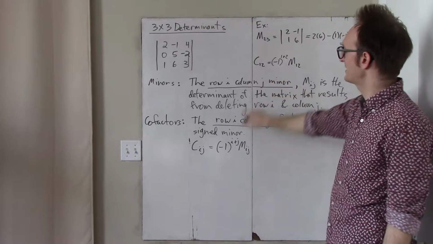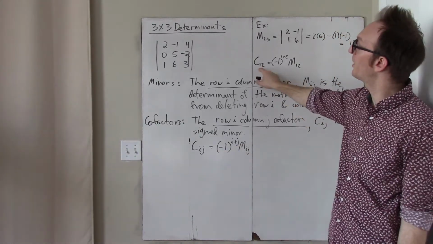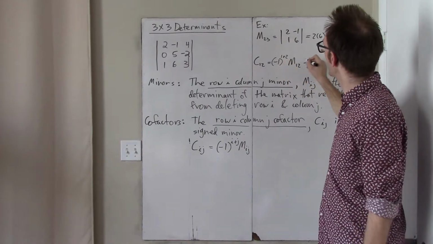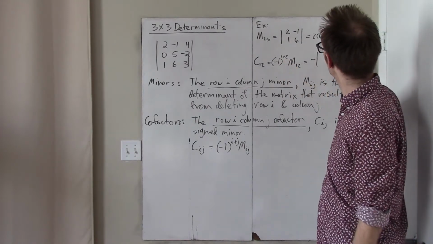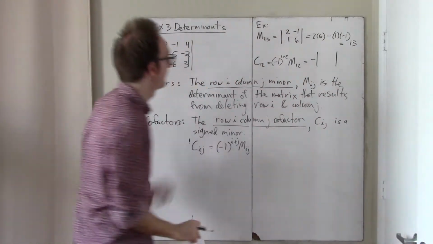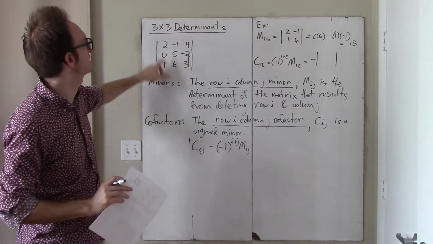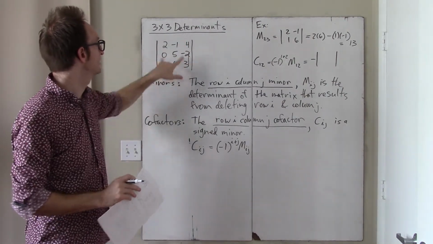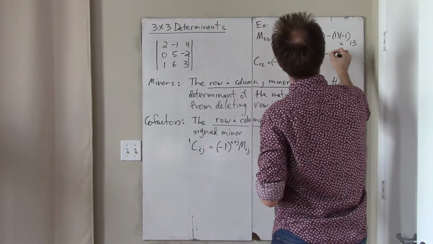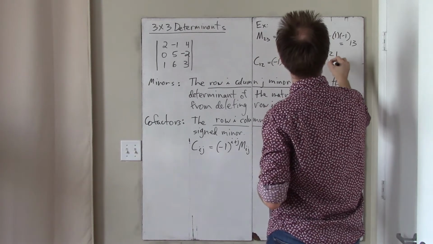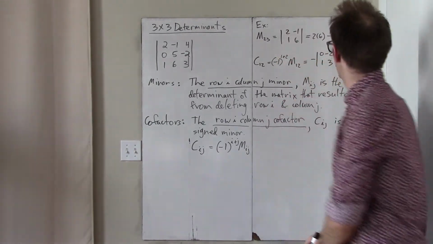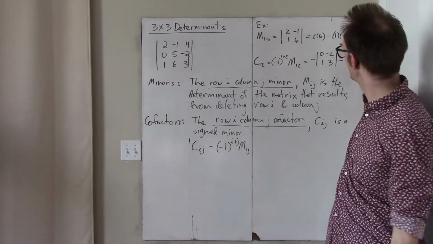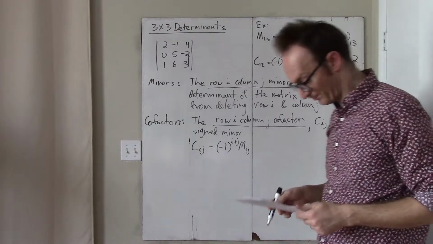Because I'm in row 1, column 2, that adds up to 3, that's odd, so it does get a negative in front of the 1-2 minor. What's the 1-2 minor? It's what you get from deleting row 1 and column 2, leaving you with this 0, -2, 1, 3 type thing. I think I can do that in my head. It's 0 minus -2, so that determinant is 2, and so my answer is -2.